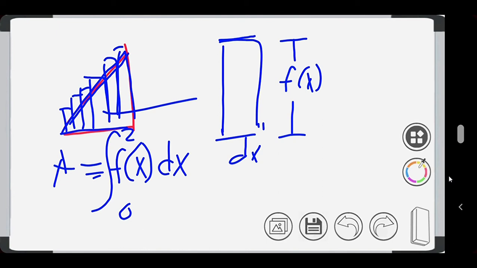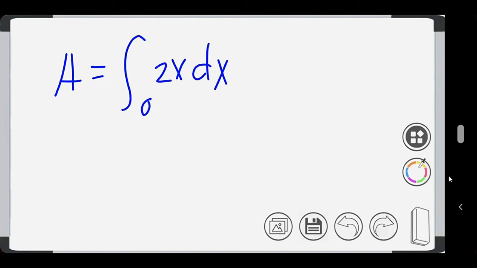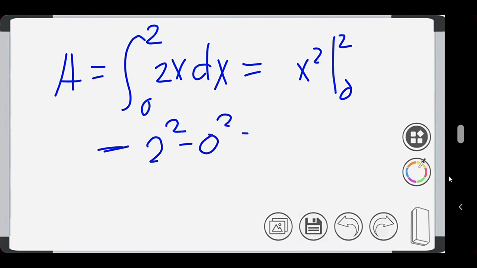Now, since our f of x is equal to 2x, because that's the equation of the line, we substitute f of x is equal to 2x into our integral. Now we have the integral of 2x dx evaluated from 0 to 2. The integral of 2x is x squared evaluated from 0 to 2, and this is equal to 2 squared minus 0 squared. We have 4 square units, which is the same answer we got using our conventional formula.